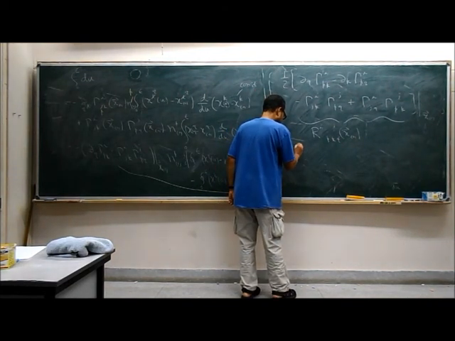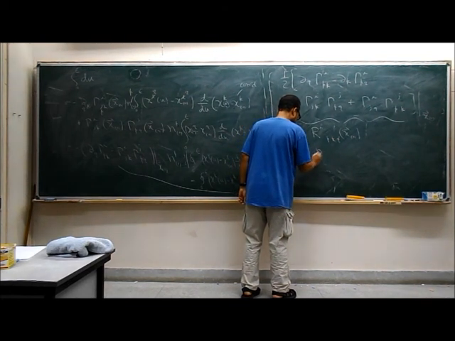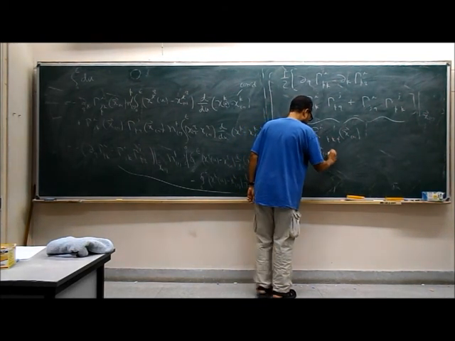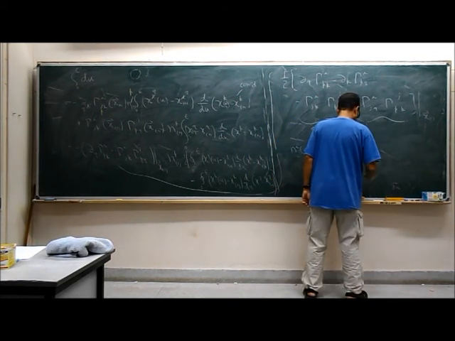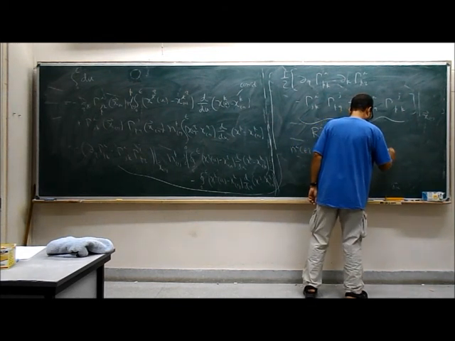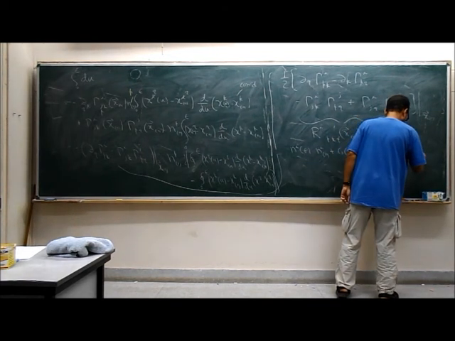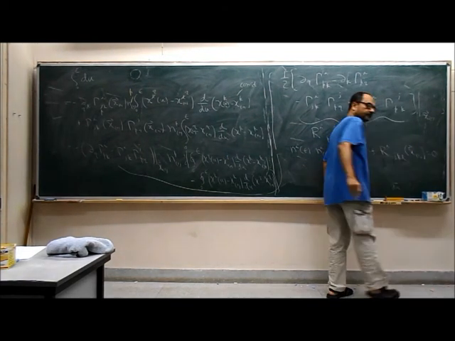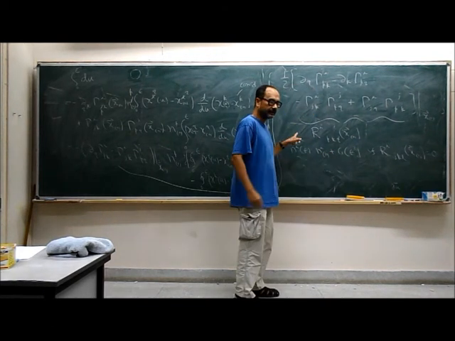We showed that Ni of epsilon is Ni naught plus order epsilon cube if R I J K L at x naught equals 0. Okay, if it's not 0, then there is an order epsilon square term which is given by this.